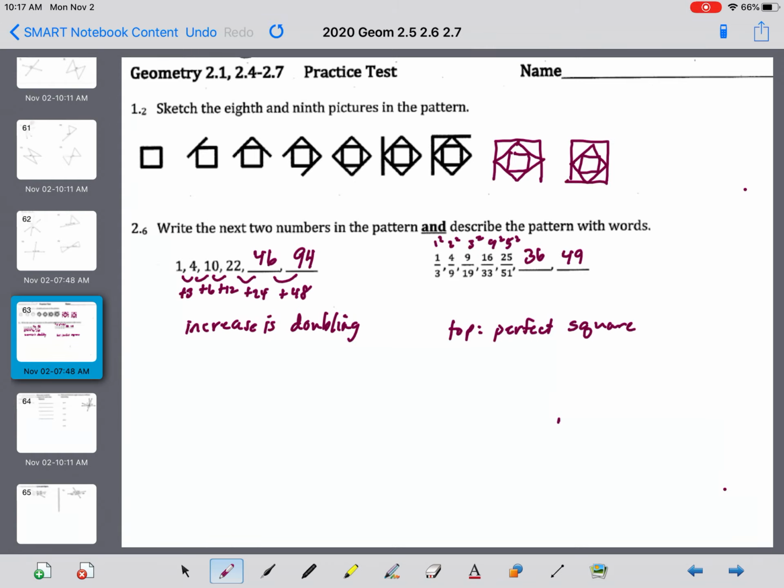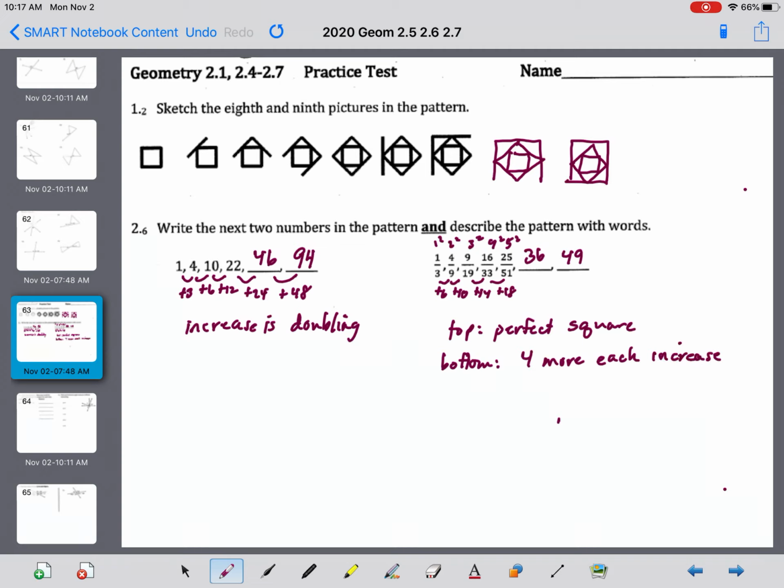The denominators, 3, 9, 19. Let's see what those are going up by. 3 to 9, that's plus 6. 9 to 19 is plus 10. 19 to 33, if I subtracted those, that'd be 14 apart. And then these are 18 apart. Looks like the denominator at the bottom is going up 4 more each increase.